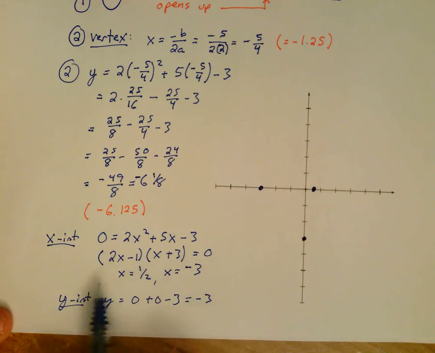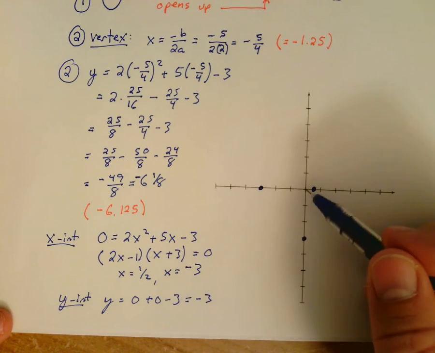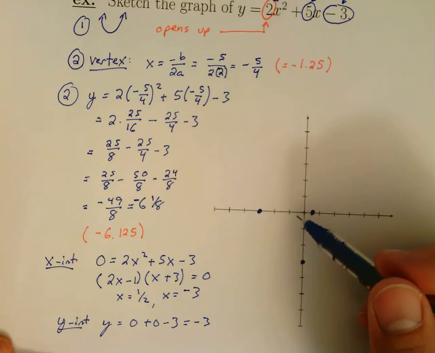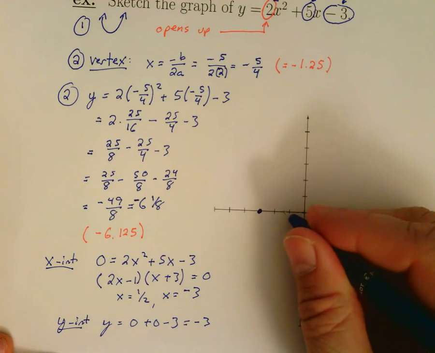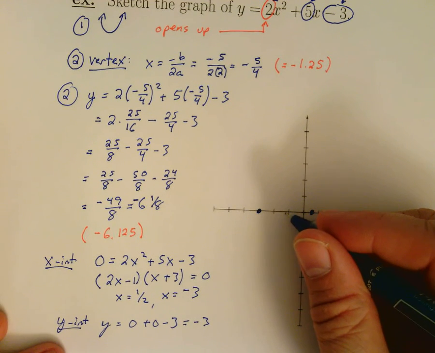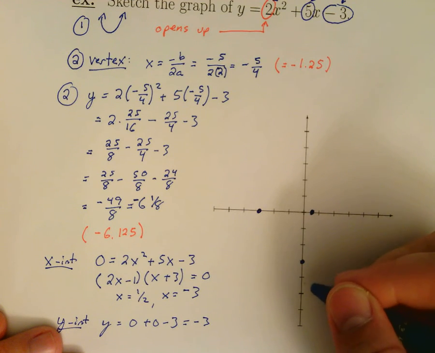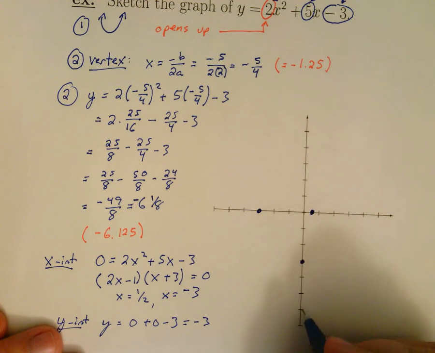Now, what you'll notice is that the vertex is actually in between the two roots. So I'm going to go negative 1.25, so there's a half, about half of that. And then I'm going to go down 6.25, so 1, 2, 3, 4, 5, 6, and a smidgen.